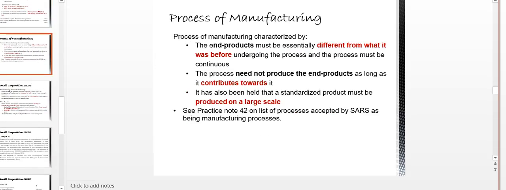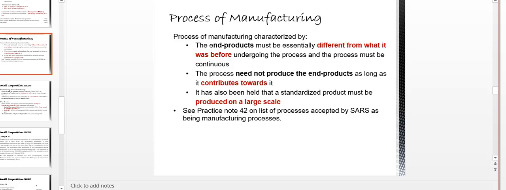Okay. So what is the process of manufacturing? The Income Tax Act defines a process of manufacturing as when your end product has to be essentially different from what it was before. In other words, it has to undergo a continuous process in basically changing your products.